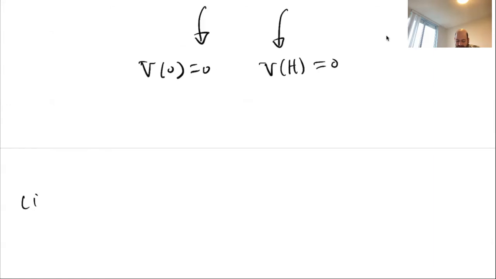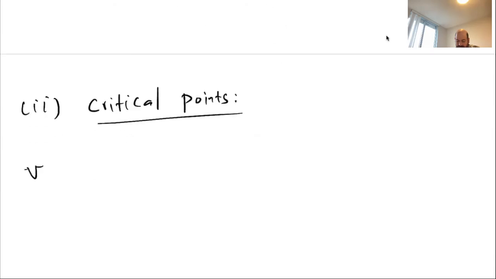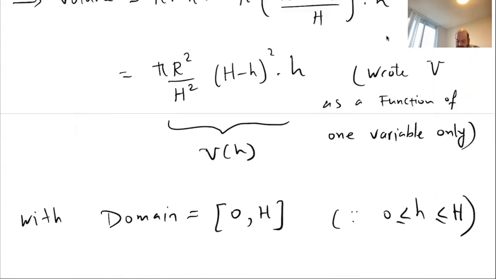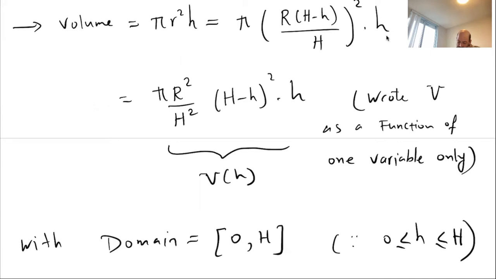And now the other candidates are the critical points. So for critical points, I need to set V prime of h equals 0, the derivative with respect to h. So I can use the product rule. Well, this is a constant, I can take it out. And then it's a product of these two functions. So the derivative of uv is u prime v plus u v prime. The derivative of small h with respect to small h is 1.